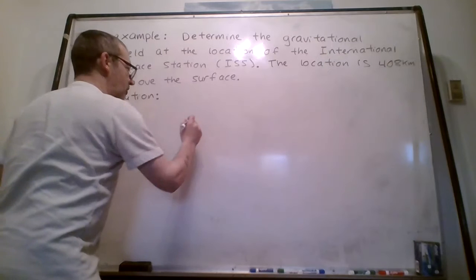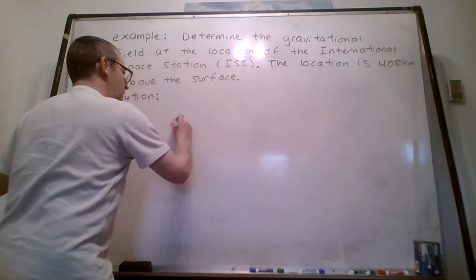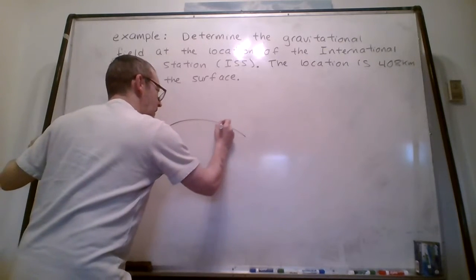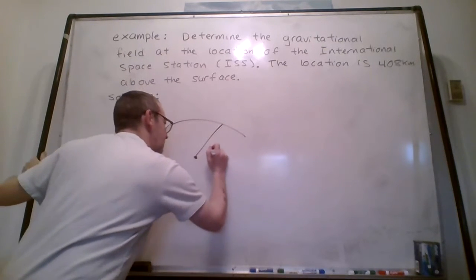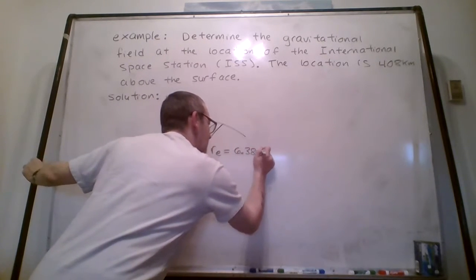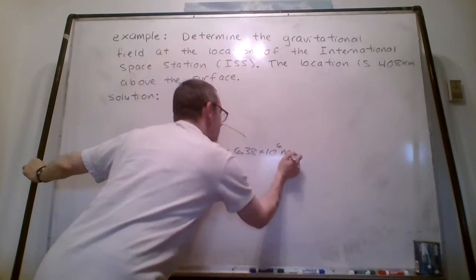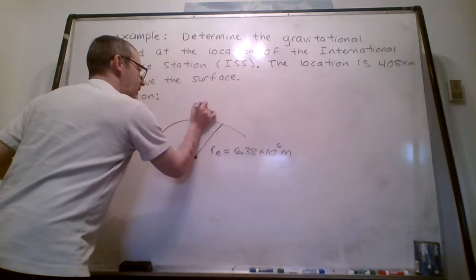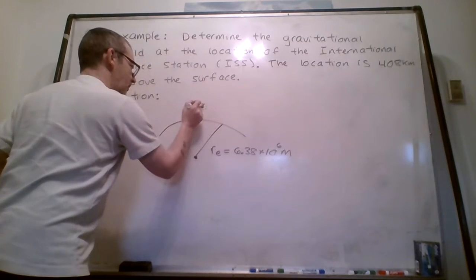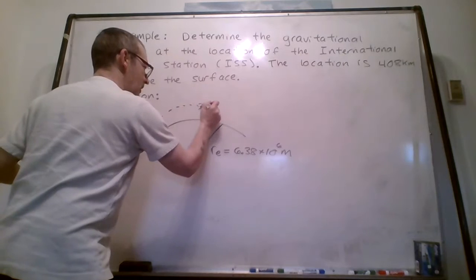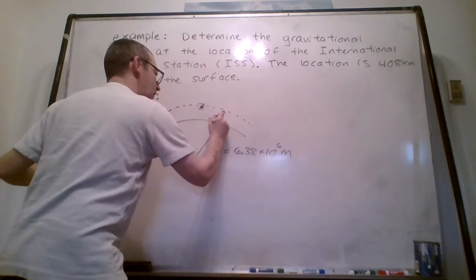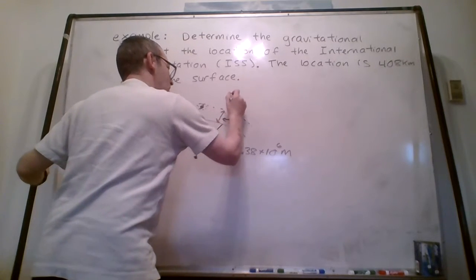I'll draw a picture here, which of course won't be to scale. There's the surface of the Earth, and from our formula sheet, we know the radius of the Earth is 6.38 times 10 to the 6 meters. And then orbiting the Earth, over here, we have our International Space Station going around, and we're given this distance here, 408 kilometers.